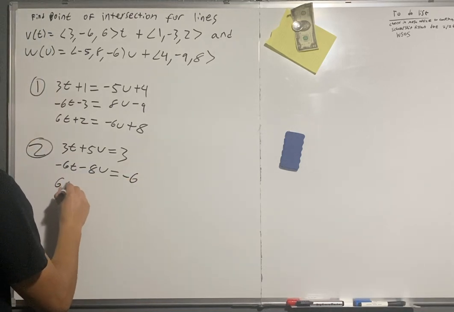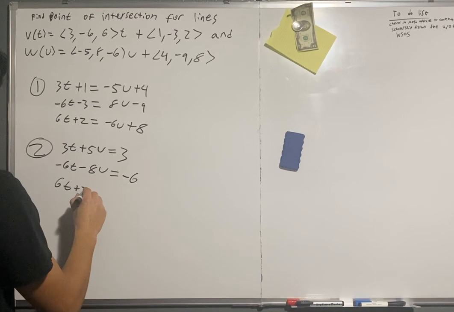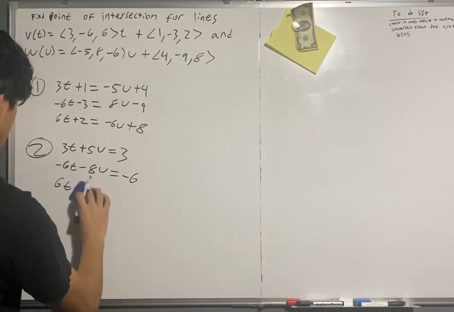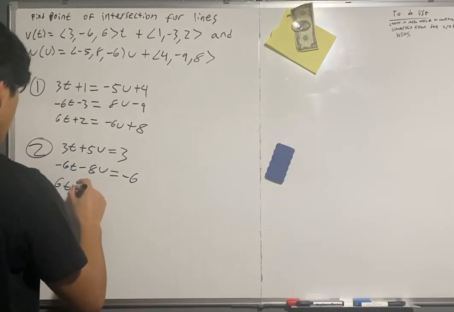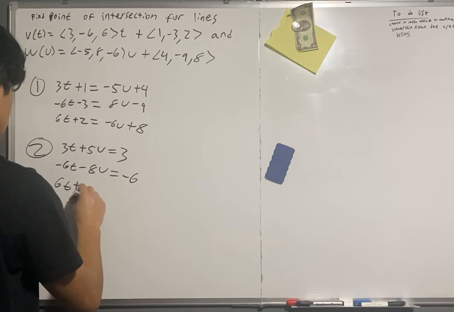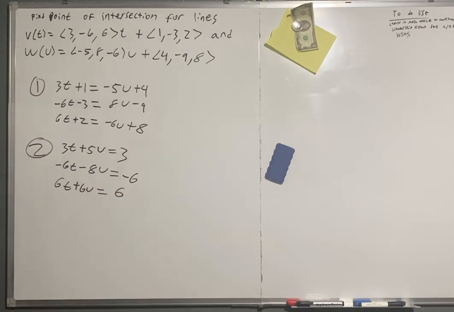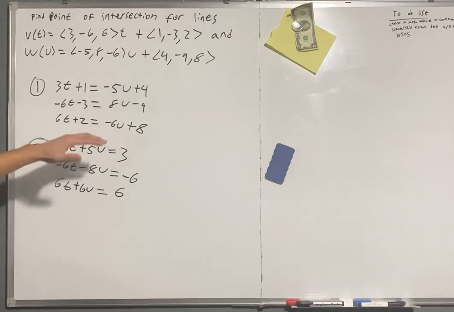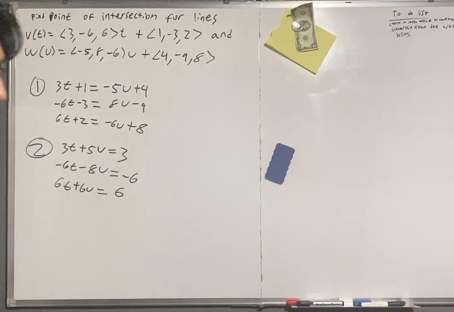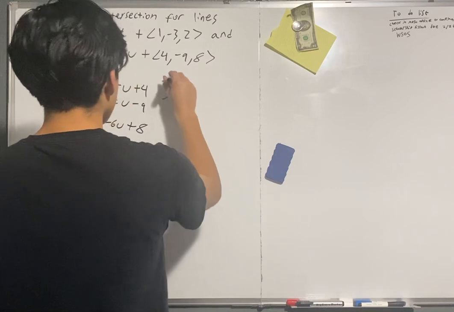And 6t plus 2. Oops, I'm going off the tracks. 6t plus 6u is equal to 6. All right, so we have our boom, boom, boom. Part 3.